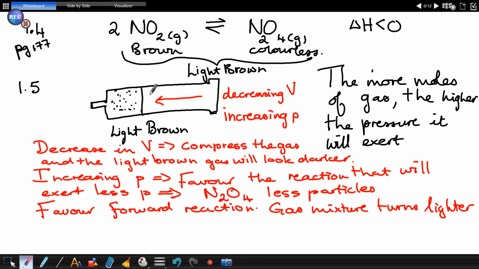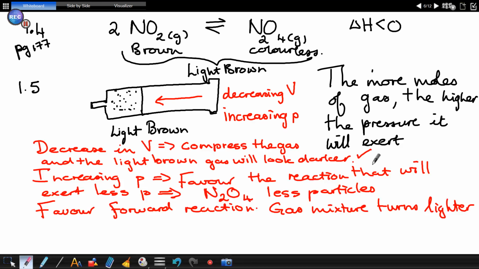With the decrease in volume you get increased pressure, and then the gas becomes darker brown. Now, increasing the pressure will favor the reaction that will exert less pressure. So it must make less molecules of gas.